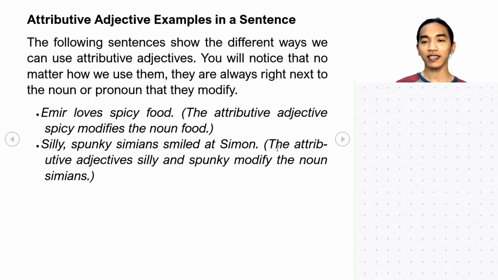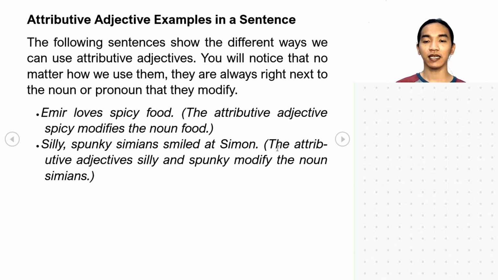Okay, next. Attributive adjective examples in a sentence. The following sentences show the different ways we can use attributive adjectives. You will notice that no matter how we use them, they are usually or always right next to the noun or pronoun that they modify. That's why we call them attributive. Emir loves spicy food. So the attributive adjective spicy modifies the noun food, so it comes directly before it.